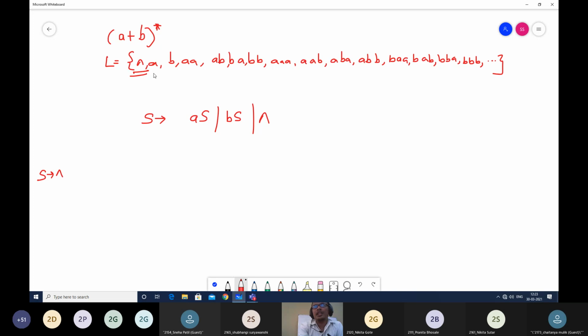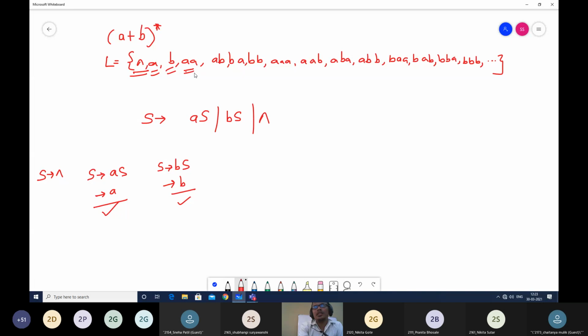Correct? If you want a string like A, first I'll write S gives AS, and then S gives null, so A will be accepted. Suppose I want a string like B. First I'll write S gives BS, and then S gives null, so a string like B will be accepted.